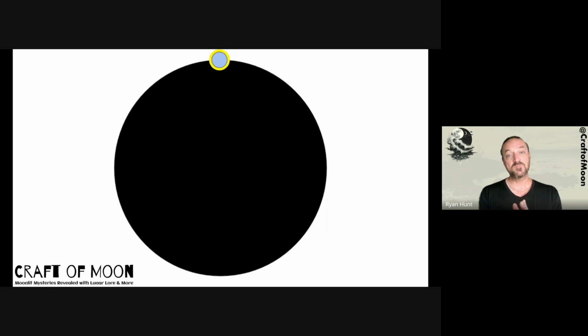But the moon moves up and down across the ecliptic. We'll get into all these terms later, but it moves up and down in the sky. And the sun moves straight in the sky. And so because the moon moves up and down and the sun moves straight, they don't always meet exactly in a 3-dimensional space.